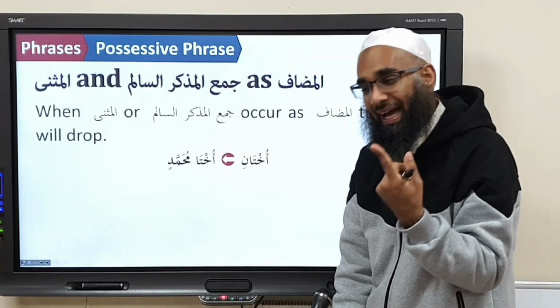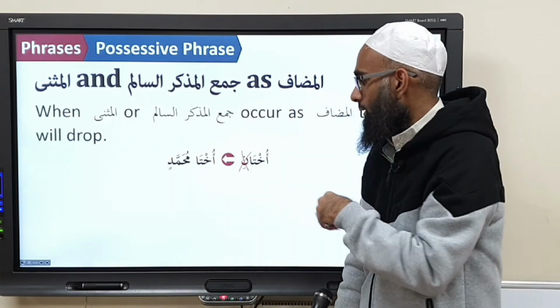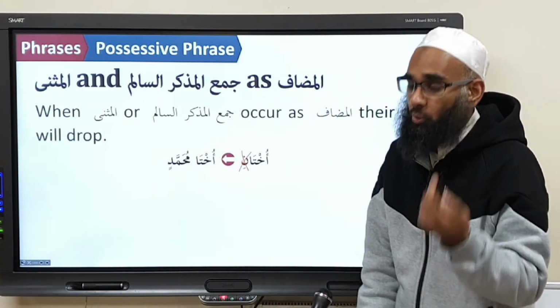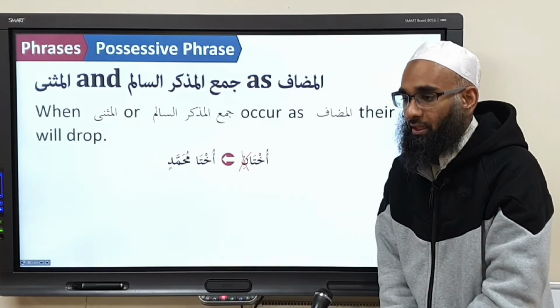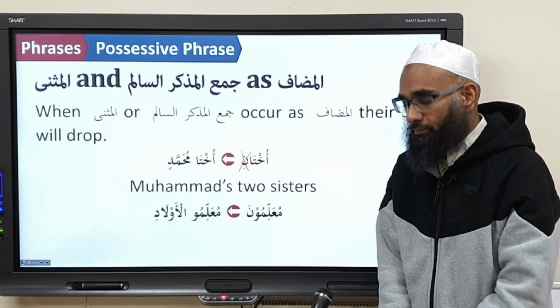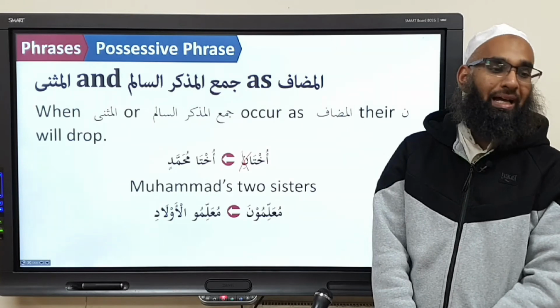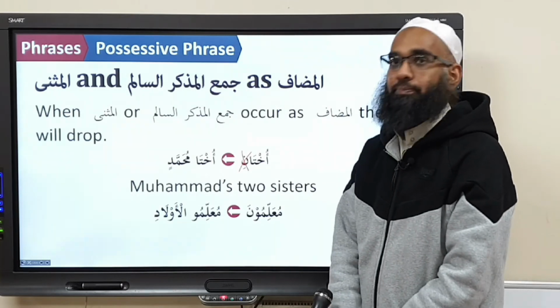That's a bit more detail, but for now just remember, it's like a semi-tanween. So when it becomes mudaf, the same way the tanween drops, what will drop here? The noon. Muhammad's two sisters. Muallimuna becomes muallimul awladi. You drop the noon.